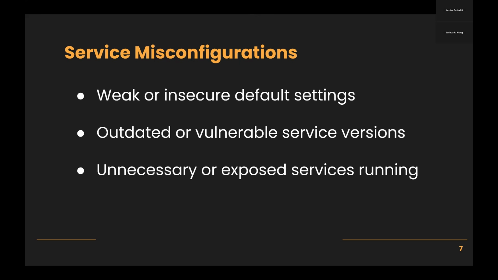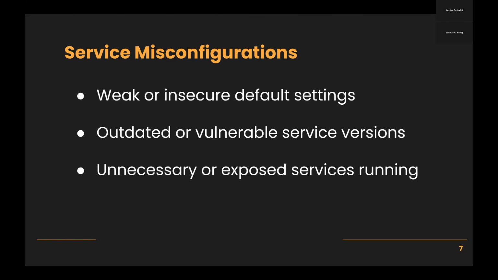A lot of times SSH uses key-based authentication, which means the client, the person trying to connect to the server, sends the server their public key, and the server has the public key stored in that specific user's home directory. Whenever the user wants to connect, it shows the server that it has the private key to that public key stored on the server, and through that, it gives access.